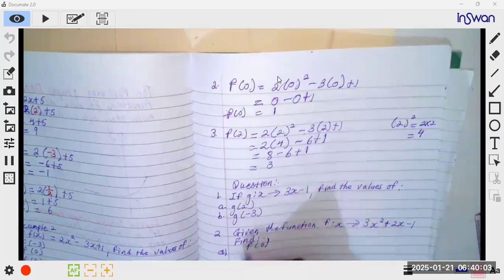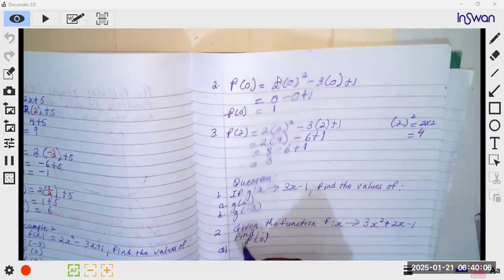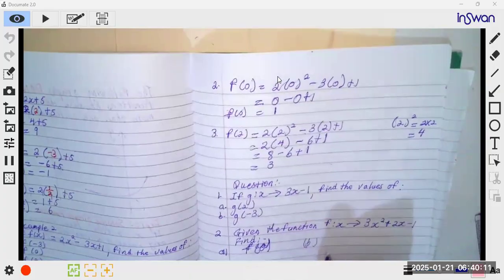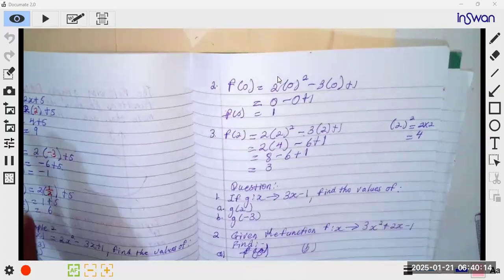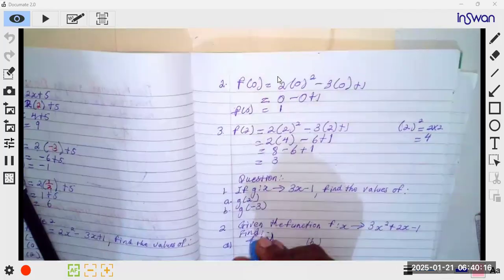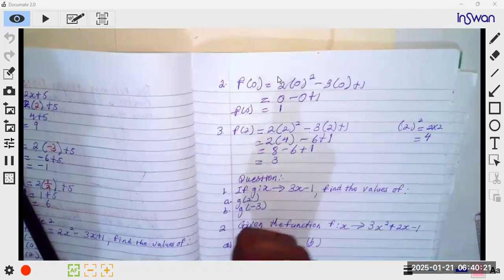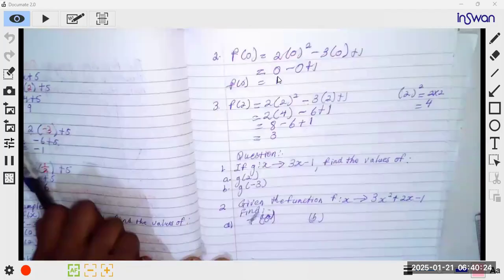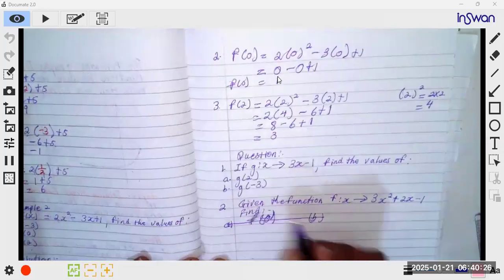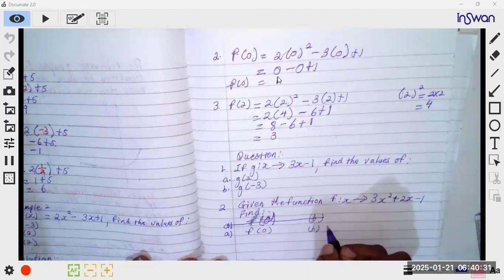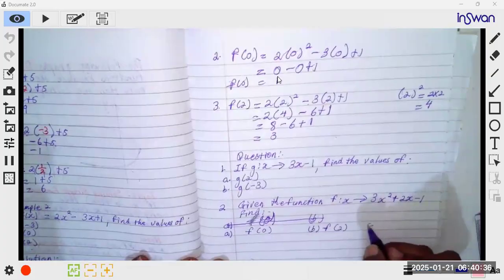Part B, you're seeing that? Oh, that's looking jumbled up and fuzzy. Okay, I will write over this. So part A, you'll find f of 0. Part B, f of 2. And part C will be f of negative 1.